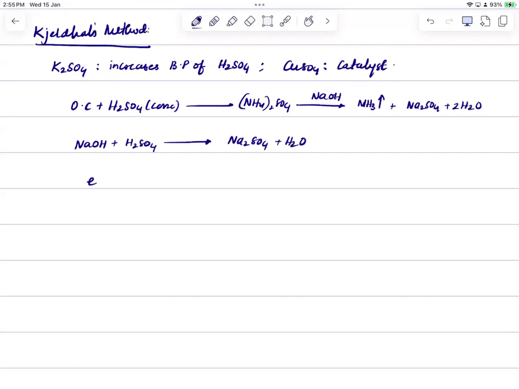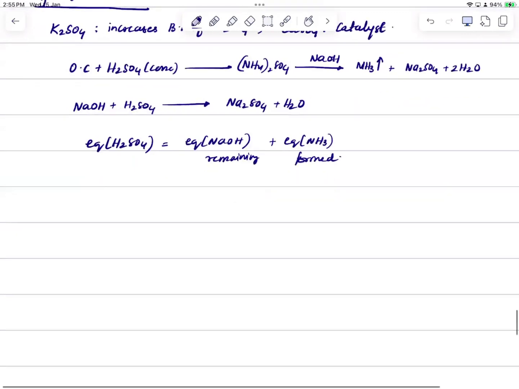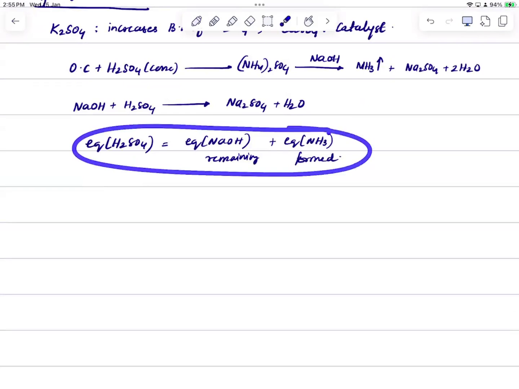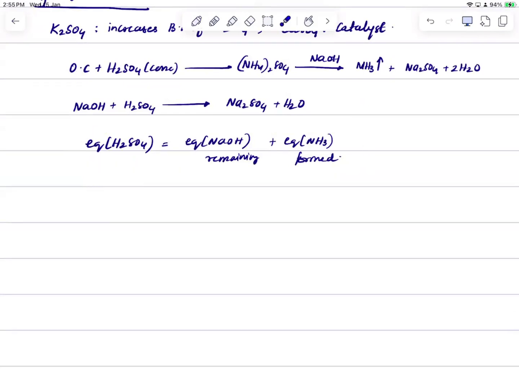In short, the equivalence of H2SO4 is distributed for titration, that is, equivalence of NaOH remaining plus equivalence of ammonia formed. Always use this fundamental: equivalence of H2SO4 will always be distributed into these two.